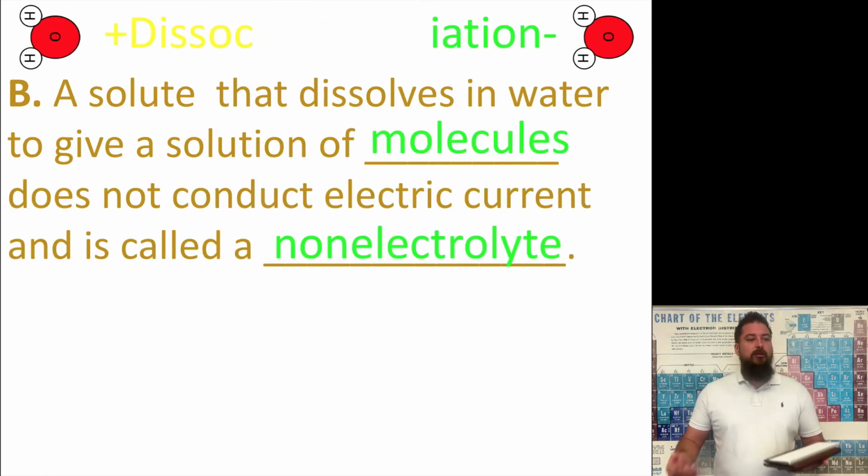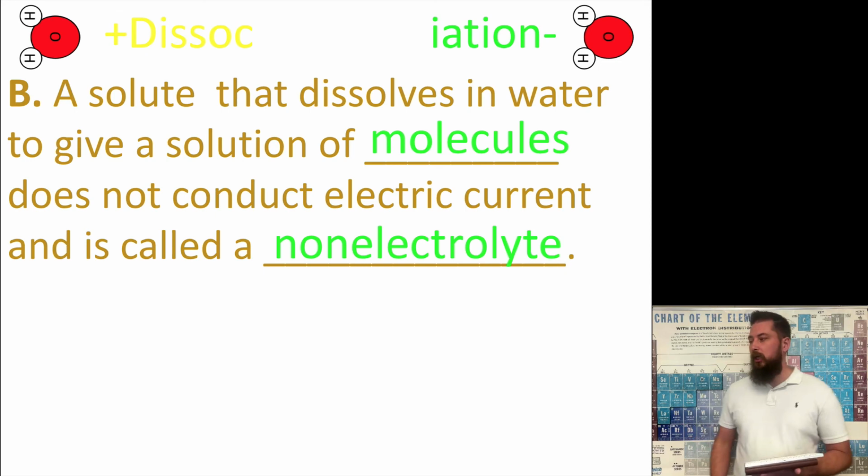And so a substance that dissolves as molecules in water, or covalent compounds, those are called non-electrolytes, and non-electrolytes do not conduct electricity. So covalent compounds, when dissolved in water, will not conduct electricity. So if you dissolve sugar in water, it will not conduct electricity, and there are pictures in your book that kind of show this. If you dissolve an ionic compound, it will.